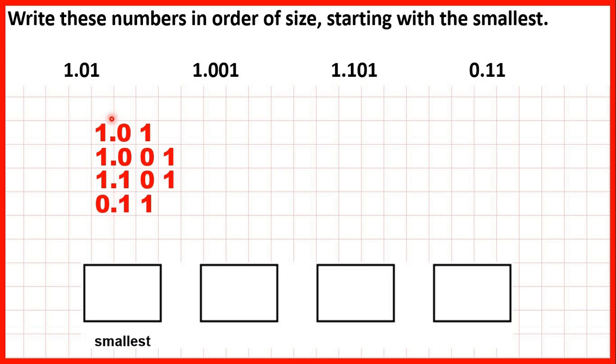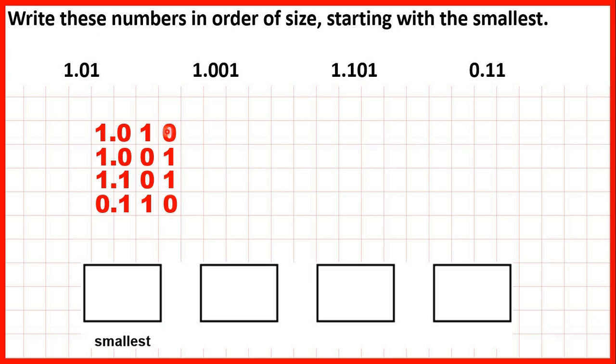lined up, because if the decimal points are lined up, then the place values in our numbers, so our ones, tenths, hundredths and thousandths, will be lined up as well. Now when we're comparing decimals with a different number of decimal places, so this first number has 2 decimal places, 2 digits after the decimal point, but this second number has 3, what we can do is write zeros in our empty squares.